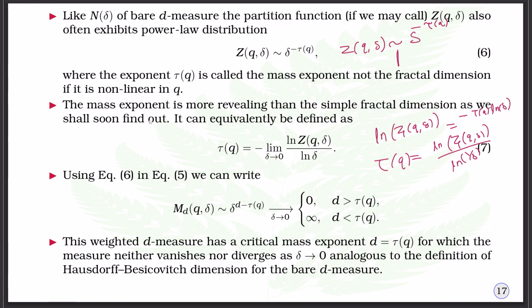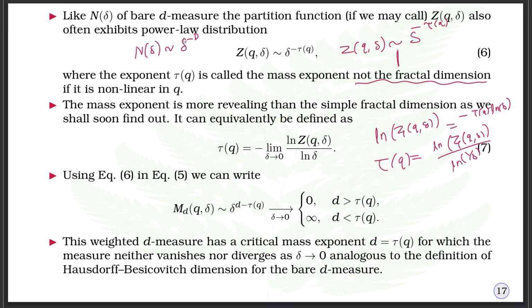The exponent τ(q) is called the mass exponent, not the fractal dimension. Because while obtaining the fractal dimension, the number of boxes required to cover the object A, denoted N(δ), the minimum number of boxes, is proportional to δ^(-d).